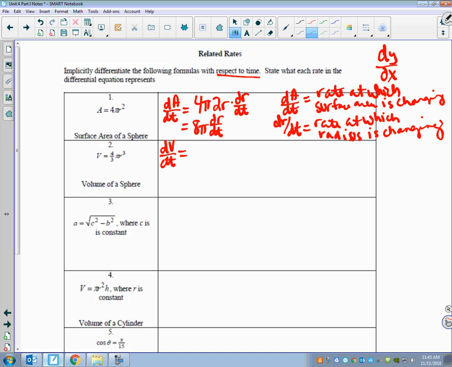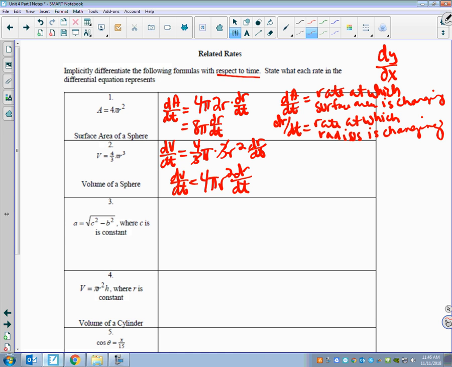Again, 4/3 pi is a number, so that would be 4/3 pi, stays there. And then the derivative of r cubed would be 3r squared. And if I clean that up, the 3 would cancel this out, and this would be just 4 pi r squared, oh, I forgot my dr over dt. 4 pi r squared dr over dt.